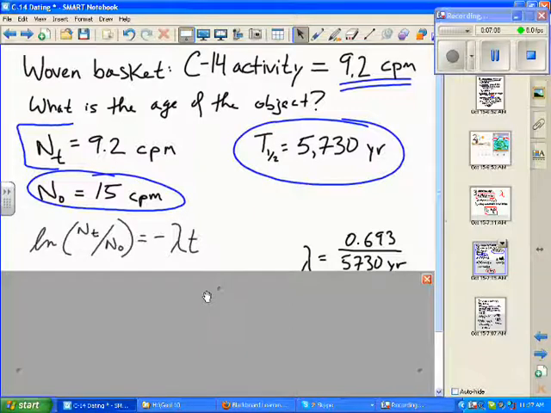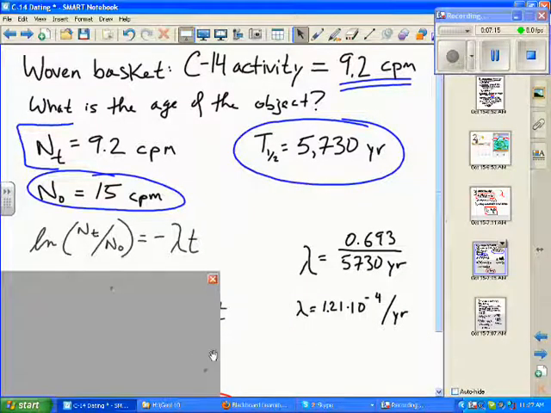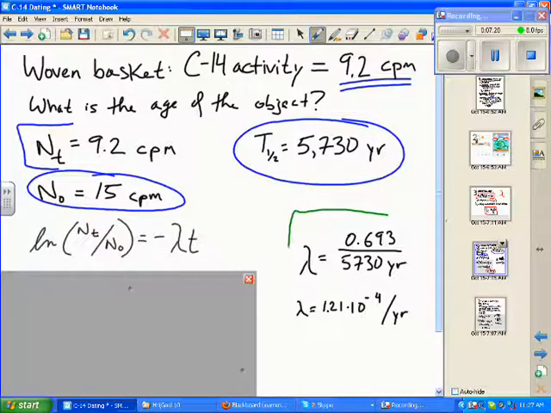The first thing you need to do, though, is solve for lambda, the decay constant. So you plug your values into this formula. Remember, lambda is 0.693 divided by the half-life, and 0.693 divided by the half-life of carbon-14, 5,730 years, is this value. Pretty small number, 1.21 times 10 to the negative fourth per year.